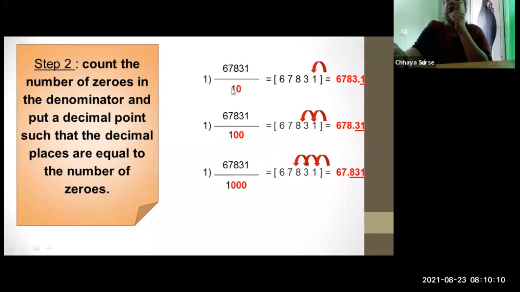These common fractions have a power of 10, so you can easily convert them into decimal fractions. Clear this point? Understood? The zeros are compared to the decimal places.